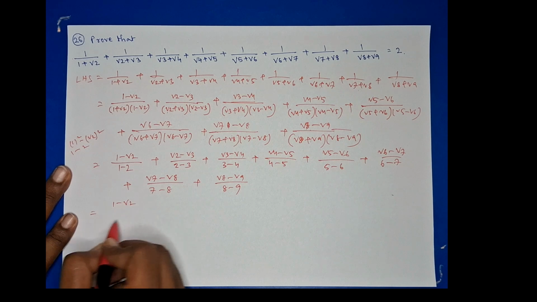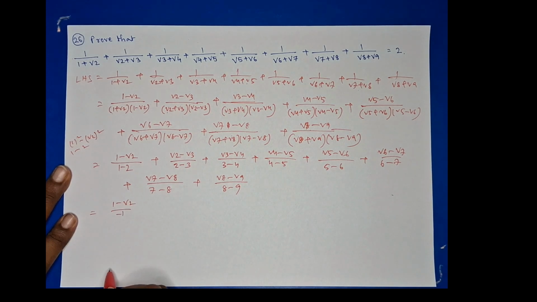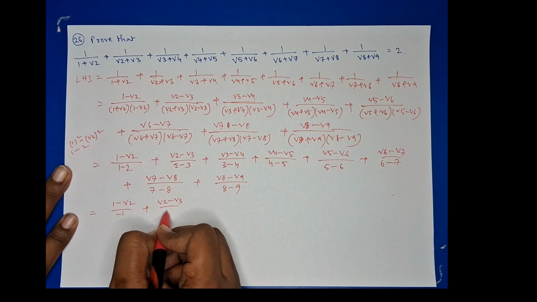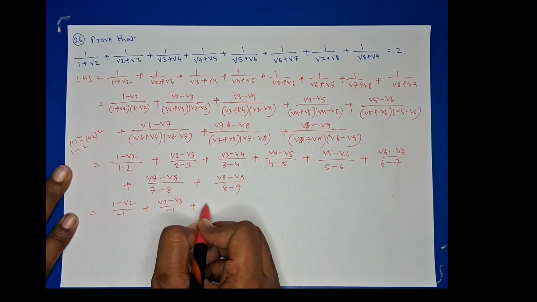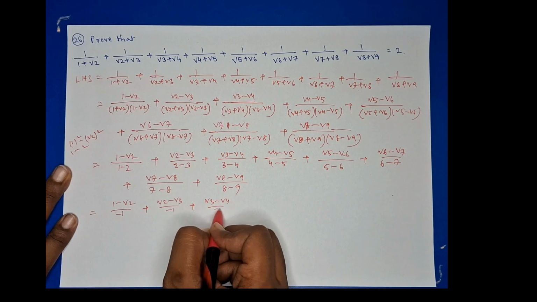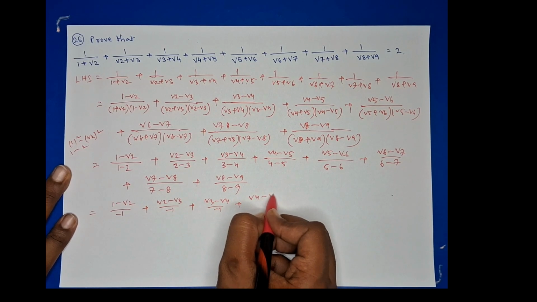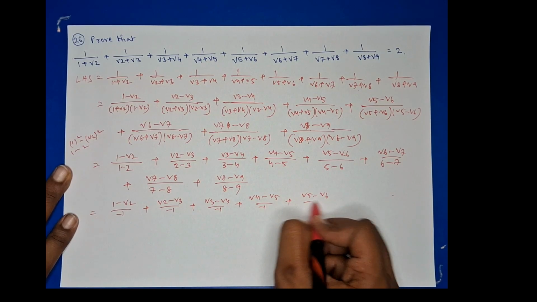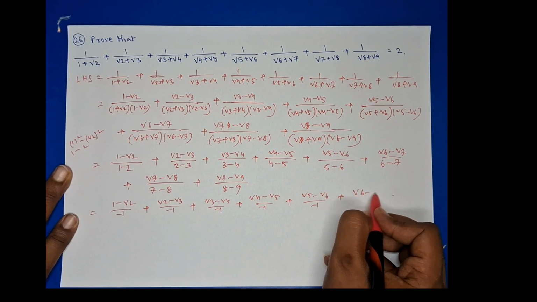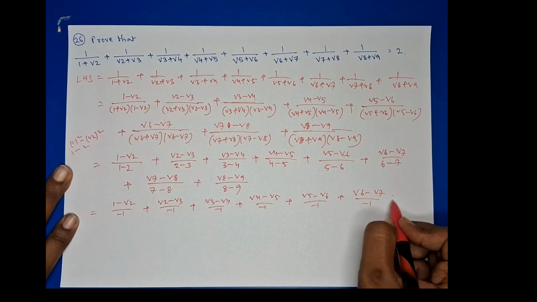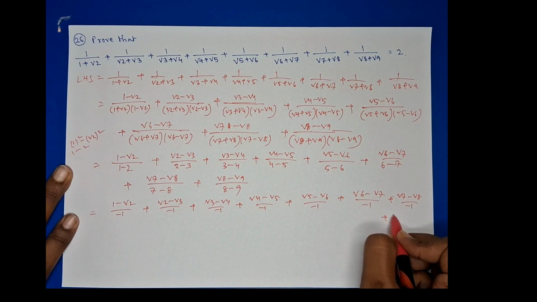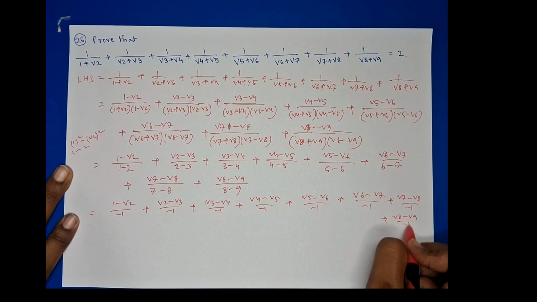And what is this? 1 minus root 2 by minus 1 plus root 2 minus root 3 by minus 1 plus root 3 minus root 4 by minus 1, root 4 minus root 5 by minus 1 plus root 5 minus root 6 by minus 1 plus root 6 minus root 7 by minus 1 plus root 7 minus root 8 by minus 1 plus root 8 minus root 9 by minus 1.